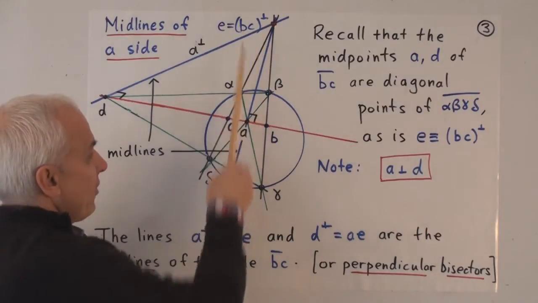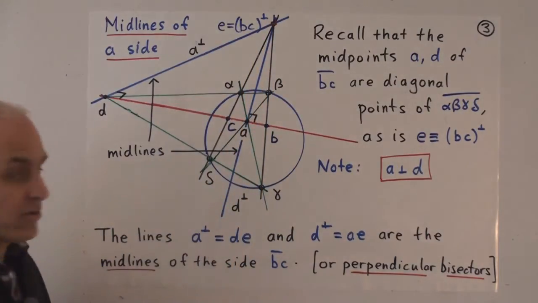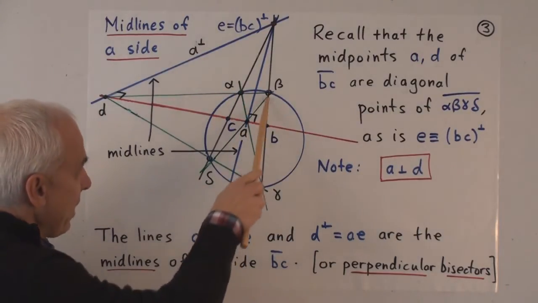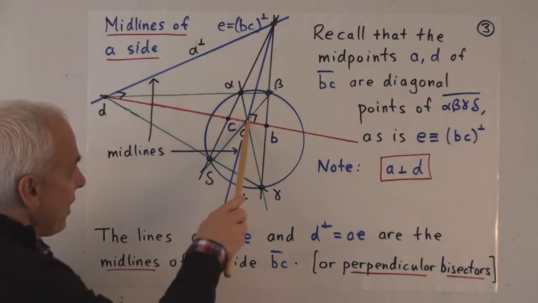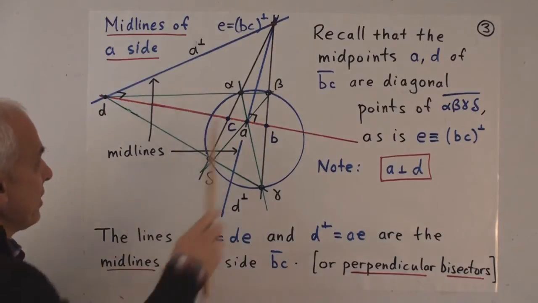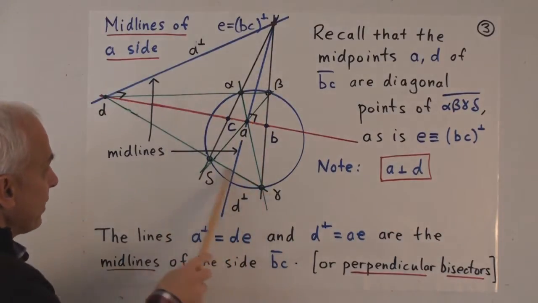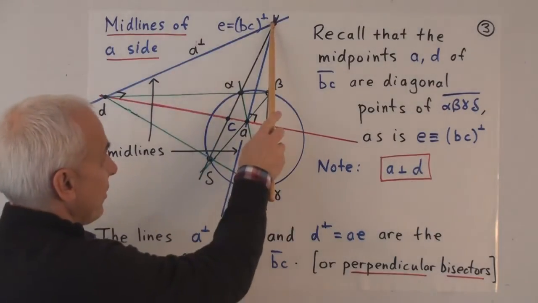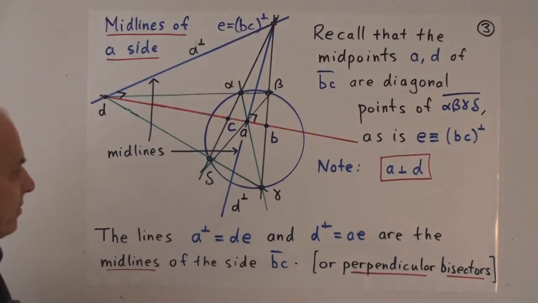So these two lines form this quadrangle, and then that quadrangle has some diagonal points obtained by joining pairs of opposite sides. That's one such diagonal point, and another diagonal point is this one here. The third diagonal point is this one here that we've already started with.